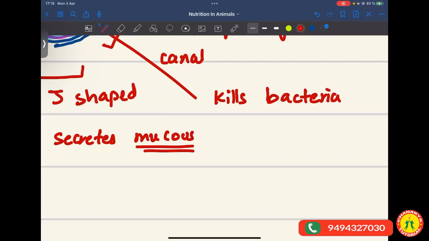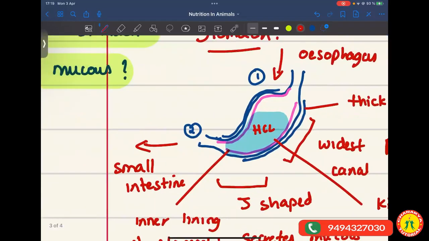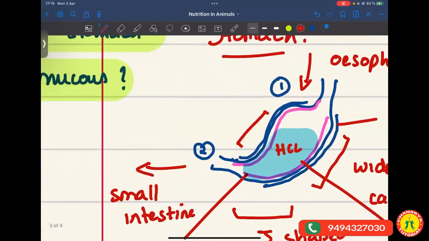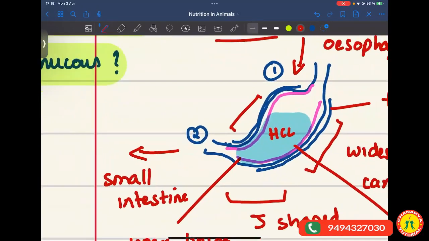So the acid kills many bacteria that enter along with the food, and it makes the medium in the stomach, what is it? Is the stomach acidic or basic? Ma'am, acidic, because HCl is present inside the stomach.